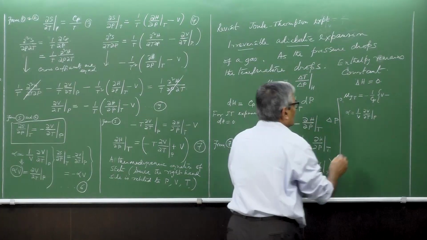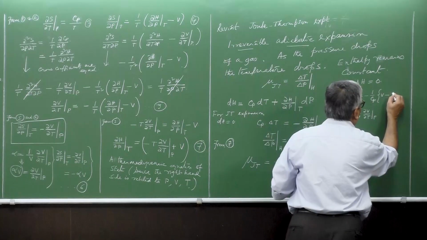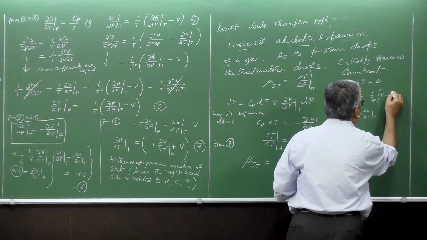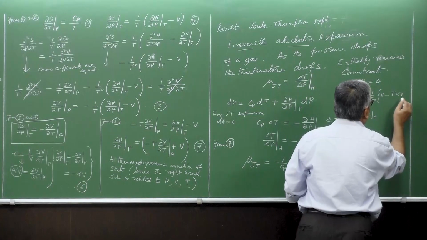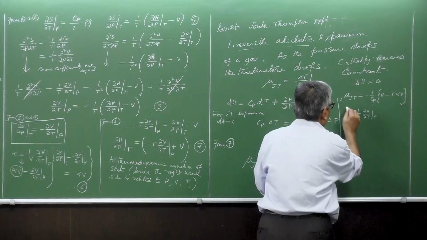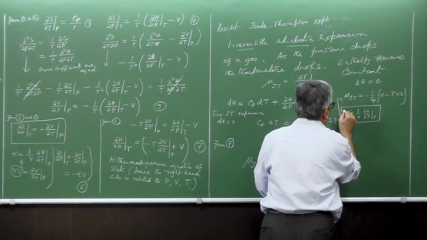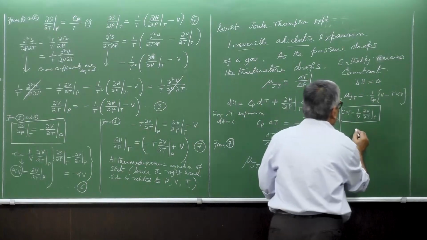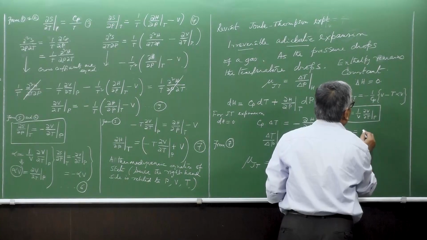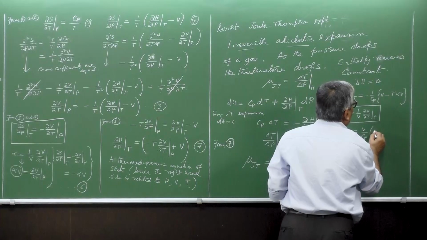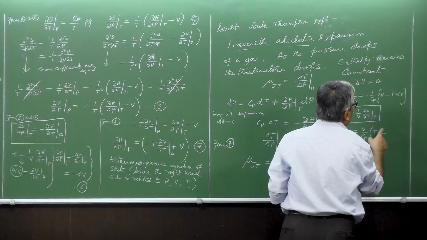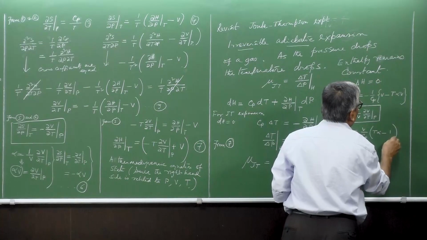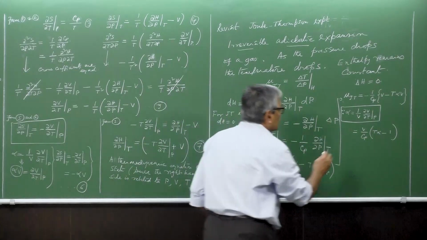So alpha into V is basically (∂V/∂T). You can slightly rearrange it and write it as V by Cp times, I take the V out, T alpha minus 1. So that is the final expression for mu JT.